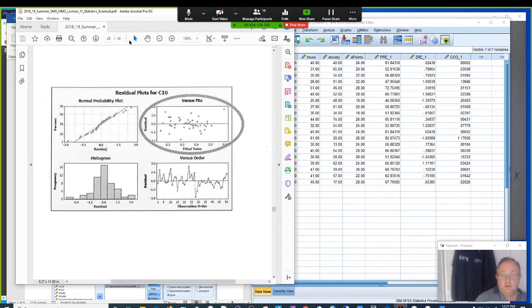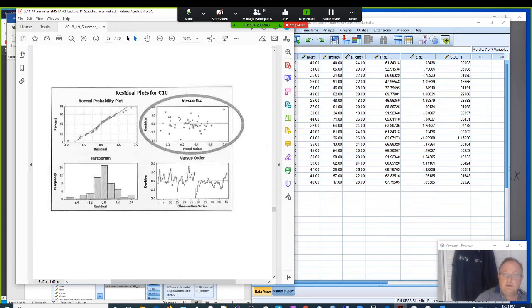So we need to be able to just cogitate for a little bit on understanding the nature of residuals and how they work to inform us about the quality of our regression model. Putting it in terms that are a bit simpler so that we can follow that.